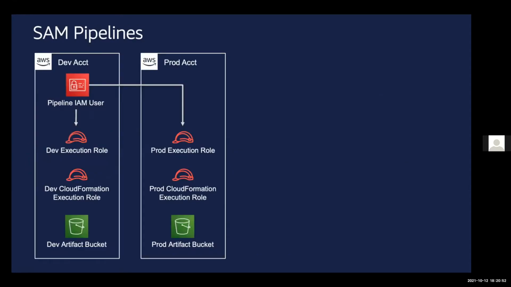Cool. So SAM pipelines actually creates some resources in the background. It will create an IAM user and a few roles that will allow your CI/CD pipeline, or whichever technology you use, to deploy into your account using a CI/CD workflow.